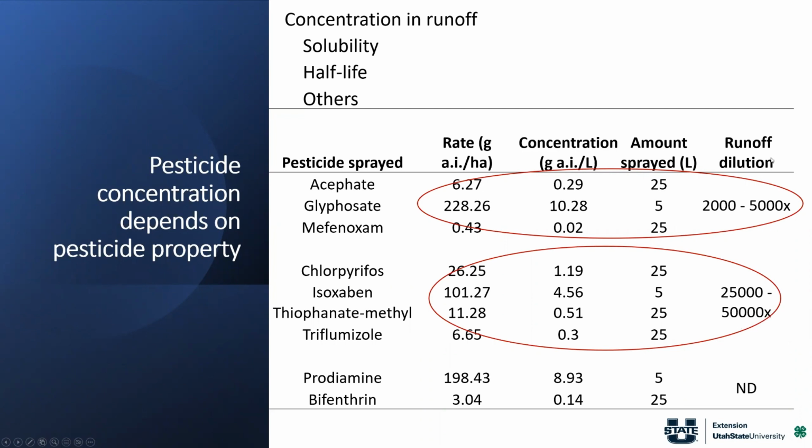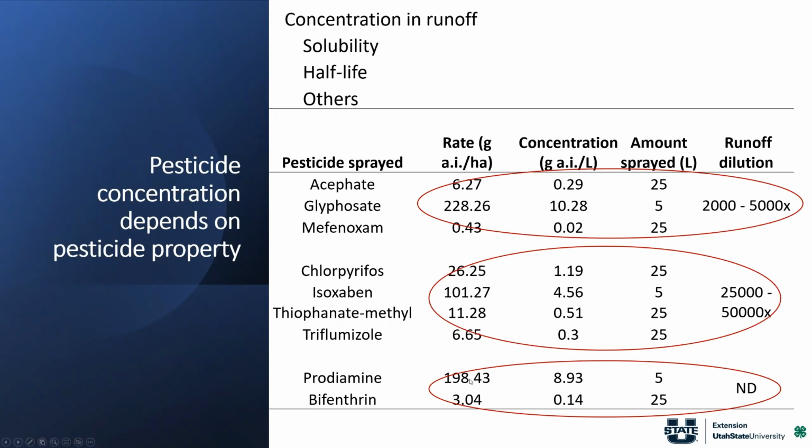Now, will this concentration from the runoff affect the plant? Probably it might not, right? We need to see, and I'll talk about how these concentrations will affect plants. But look at these numbers here, 2,000 to 5,000, 25,000 to 50,000. If you look at some of these pesticides, which are much less soluble, prodiamine and bifenthrin, we didn't detect any of these in our retention pond.